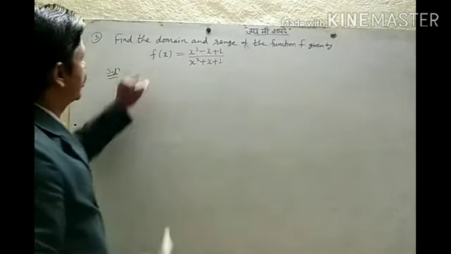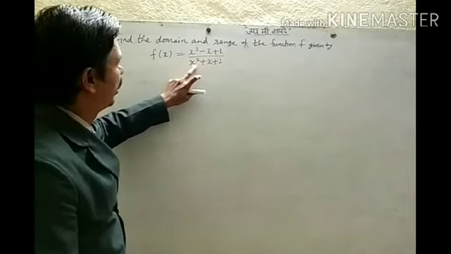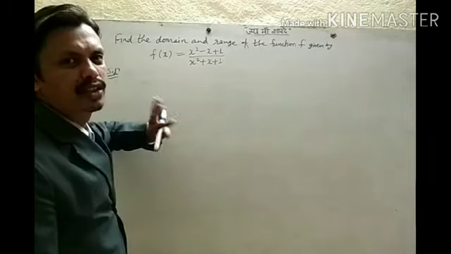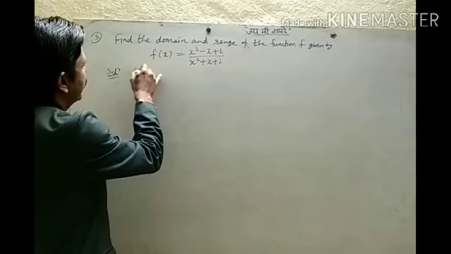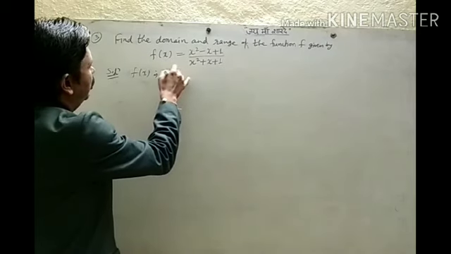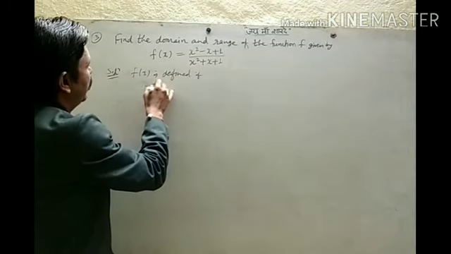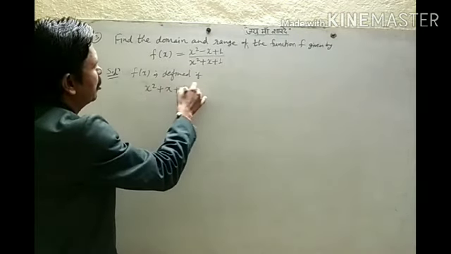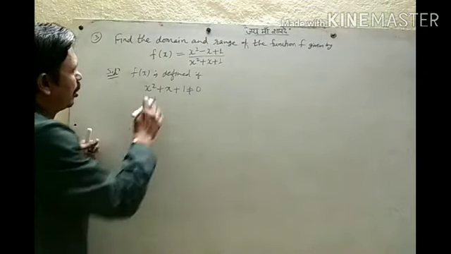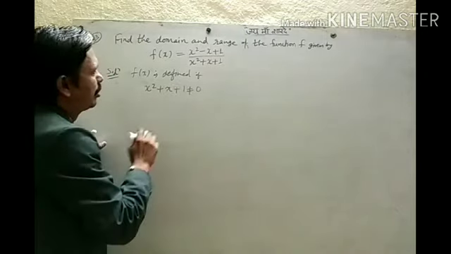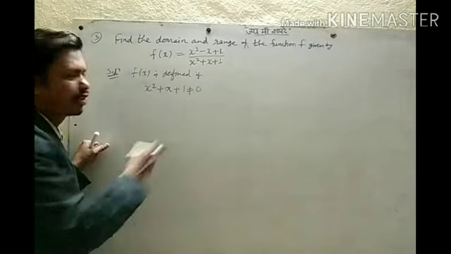Now the next question is to find the domain and range of the function (x square minus x plus 1) upon (x square plus x plus 1). So f of x is defined if x square plus x plus 1 is not equal to 0. And if you see how to find its value, it is one quadratic equation, so you can solve it.